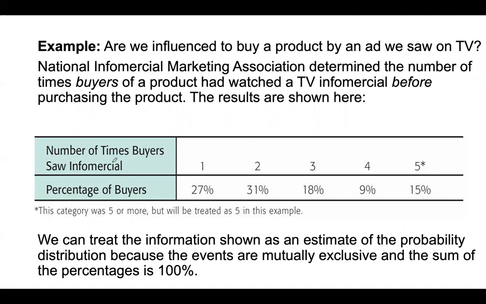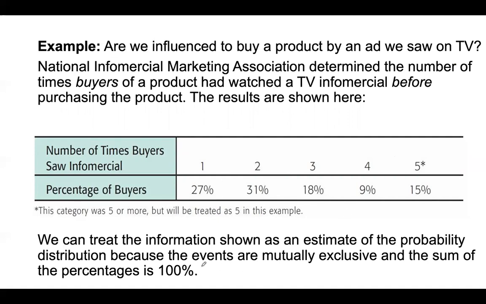So we have the number of times a buyer sees an infomercial or an ad on TV and the percentage of buyers. We can treat this information as an estimate of the probability distribution because the events are mutually exclusive. Either watch it once or twice. Actually here we grouped it all together, but we're still treating it as mutually exclusive. And the sum of the percentages is 100%.